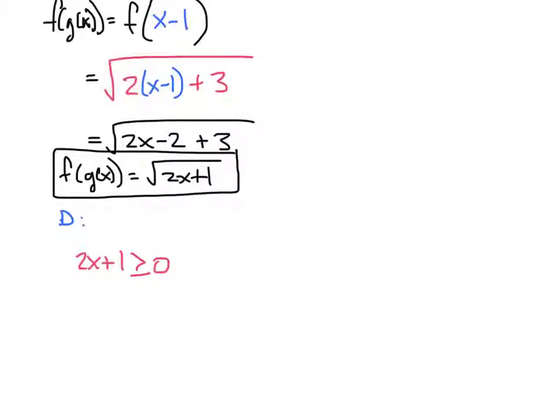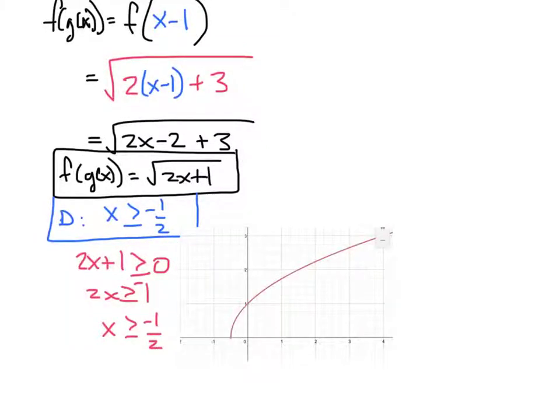Anytime we see a root, and if there's an x inside, we know that it needs to be greater than or equal to 0. So subtract 1, 2x is greater than or equal to, I'm sorry, negative 1. Divide by 2, and I see x is greater than or equal to negative 1/2. Okay, so x is greater than or equal to negative 1/2. That's the domain of this function.